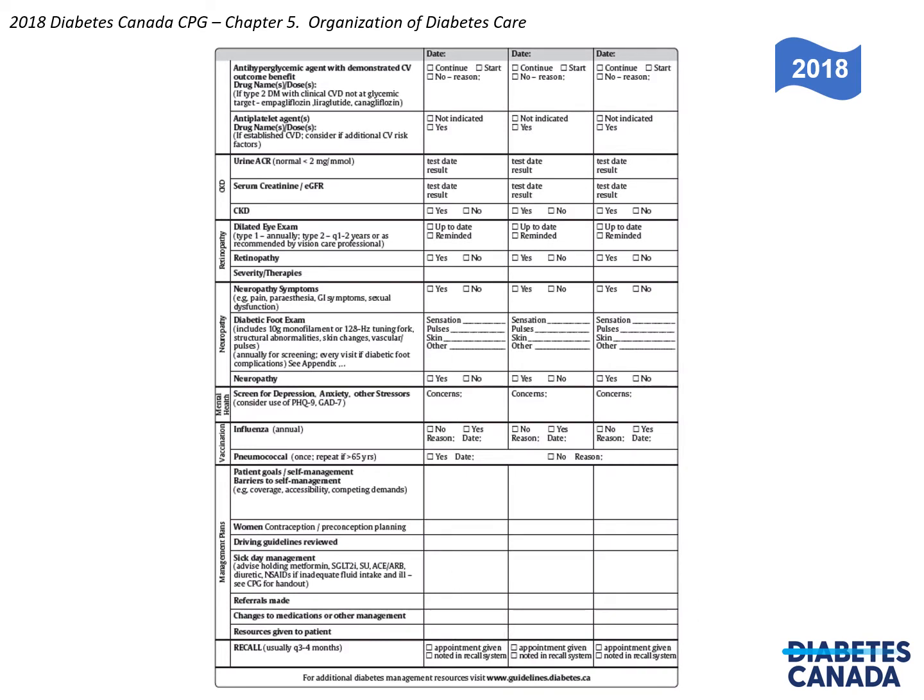There is a section on microvascular complication screening and management that would include a section on chronic kidney disease, retinopathy, or neuropathy, and finally a section for patient goals, self-management, and barriers to self-management that might include topics such as preconception planning, driving guideline review, and sick day management.